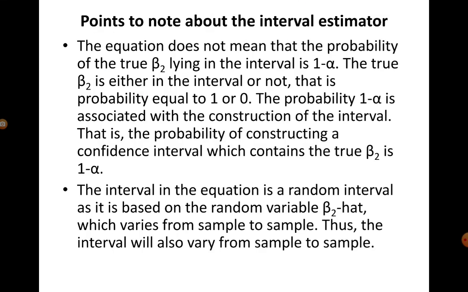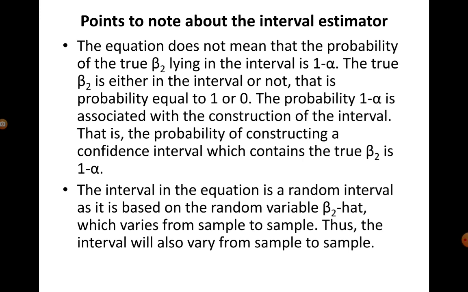There are a few points that you need to keep in mind about this interval estimator. The first and most important point is that I am not saying that the probability of true beta 2 lying within this interval is 1 minus alpha. Okay, so I'm assuming alpha is 5%, so that 1 minus alpha is 95%.